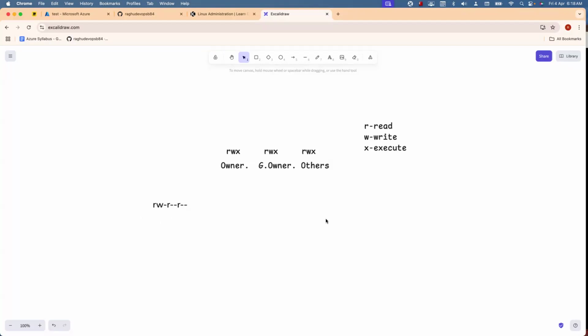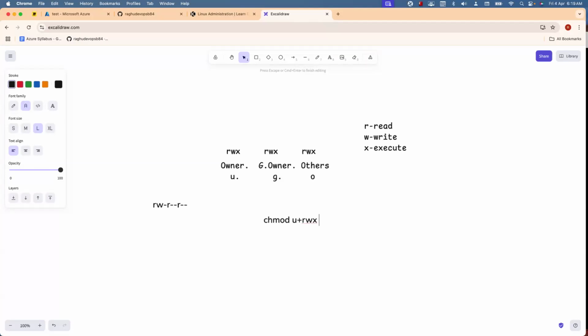Now you can change these particular permissions with a command, where u, g and o stand for user, group and others. The command is chmod. If you want to give the user permission, you use plus rwx.